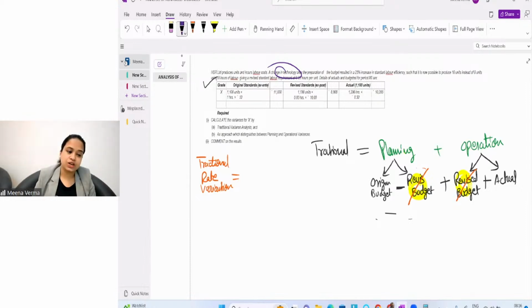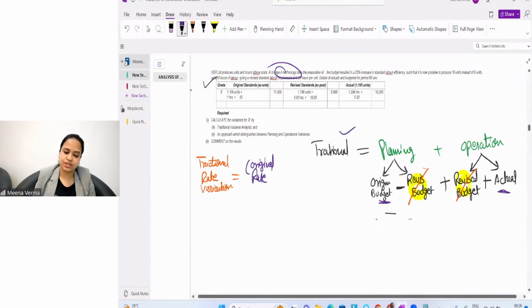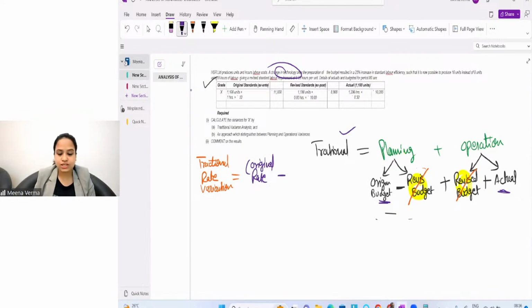We will see what was the original rate of the labor, right? Original minus actual will be traditional variation. So what was the original rate which we were paying to the labor? Then what is the actual rate we are paying? Into actual hour. Into what? Actual hour.